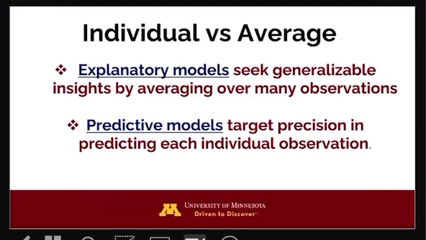We don't explain at the individual level. Does that make sense? So that is average. That's why in statistics, you're going to hear average effect all the time. Average this, average that, because we seek generalization by averaging over many observations under investigation.